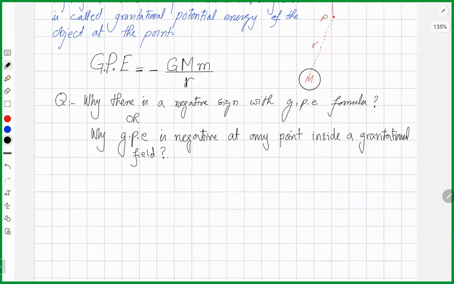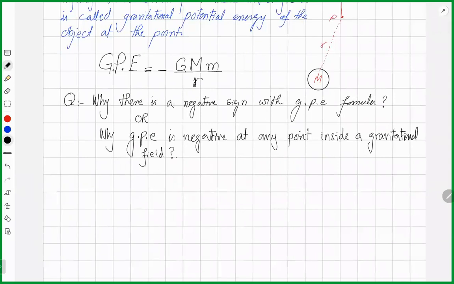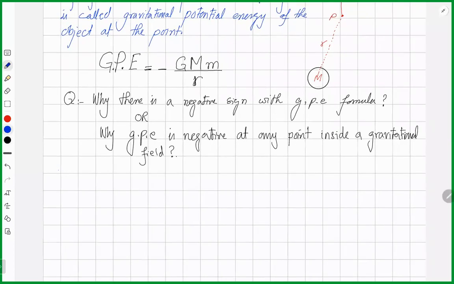Now, pay attention. That is one way of asking the question, and the examiner sometimes says, why is gravitational potential energy negative at any point inside a gravitational field? Now, here is the answer.